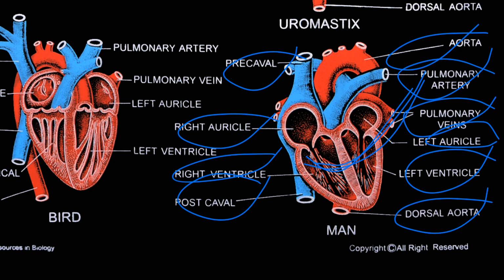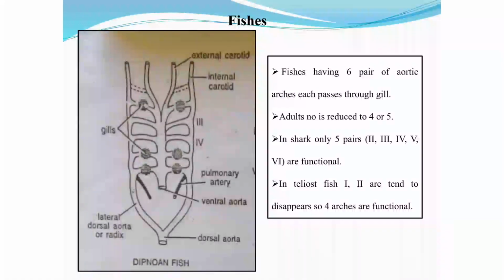Okay, students. Next, we will discuss modifications of the aorta. So, the basic embryonic plan. When the heart is being formed in a vertebrate embryo, a blood vessel called the ventral aorta appears mid-ventrally below the pharynx.